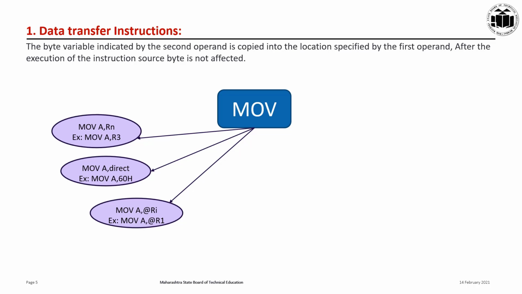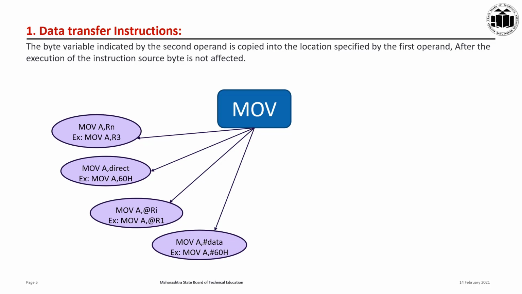For example, MOV A, @R1. After the execution of this instruction, the content of the memory location pointed to by R1 will be copied to the accumulator. Suppose register R1 contains value 40H. Then the content of location 40H will be copied to the accumulator.